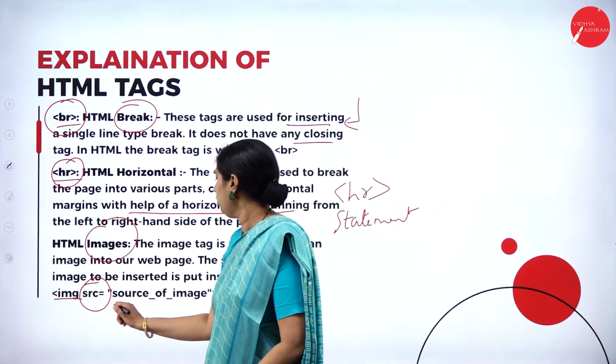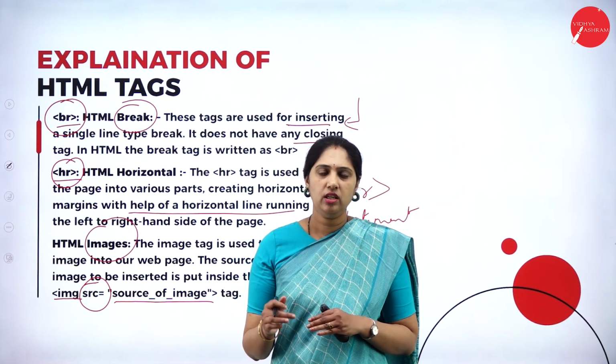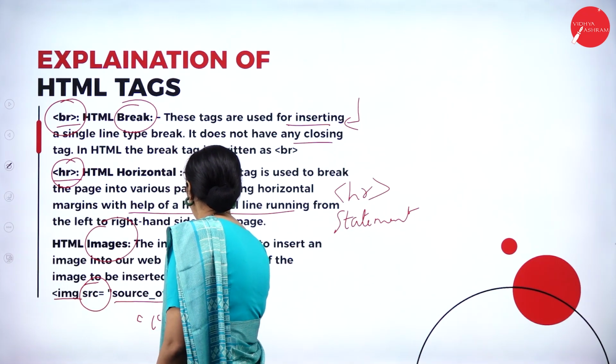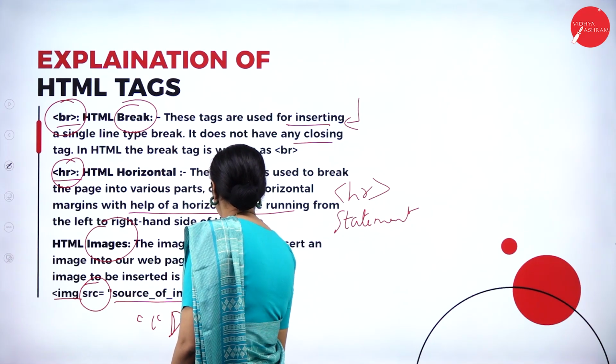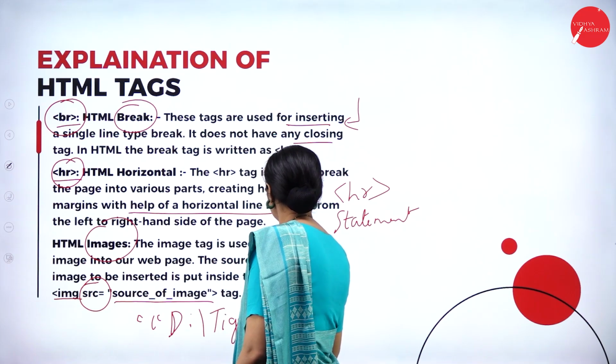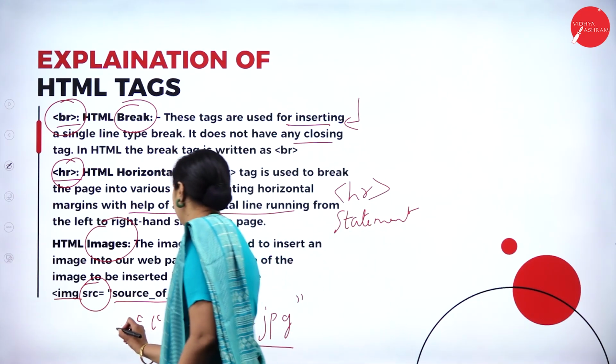That is the source. Suppose I have saved tiger.jpg in my D drive. I use the location d:\tiger.jpg. This is the source of it.